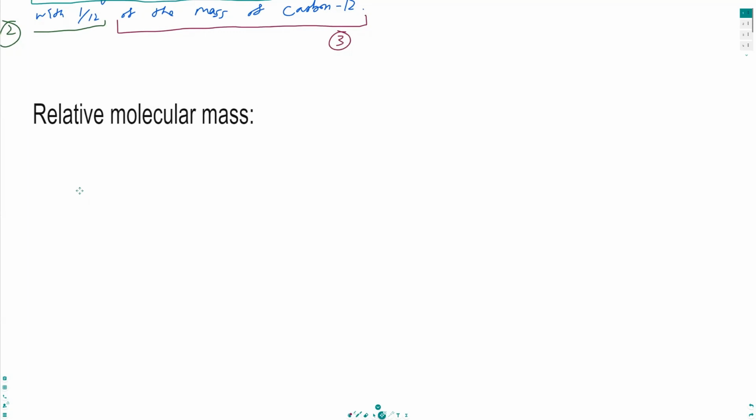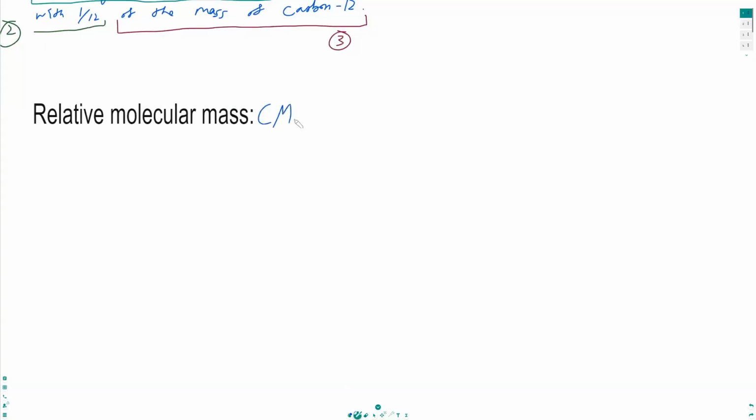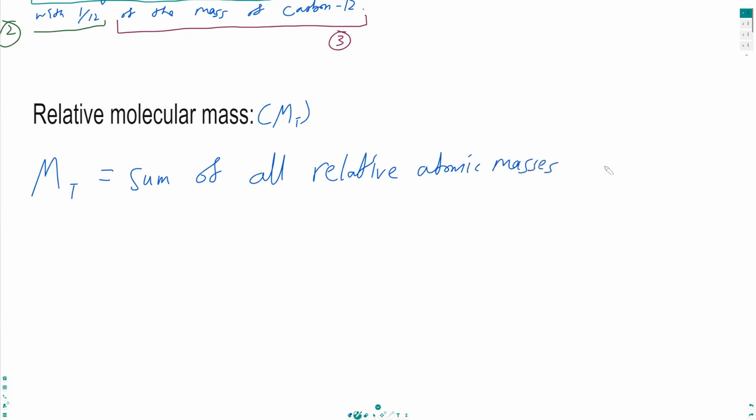The Mr, relative molecular mass, is the sum of all the relative atomic masses of each atom making up a molecule.